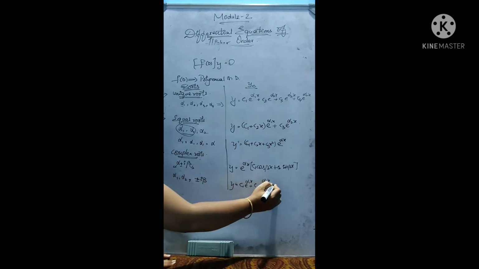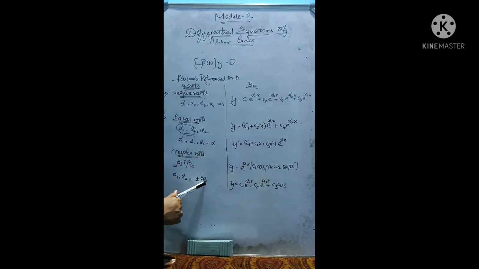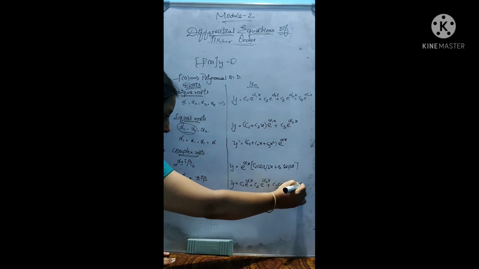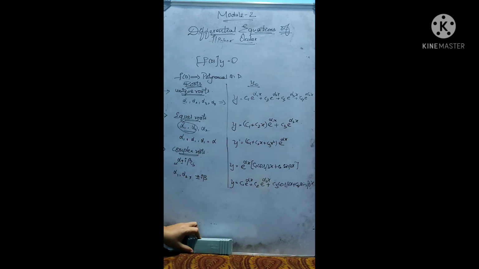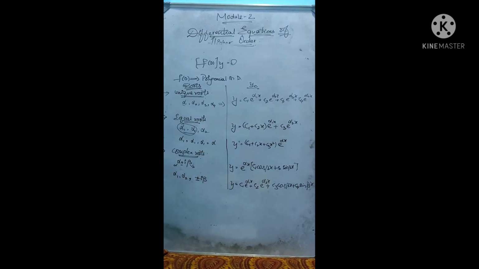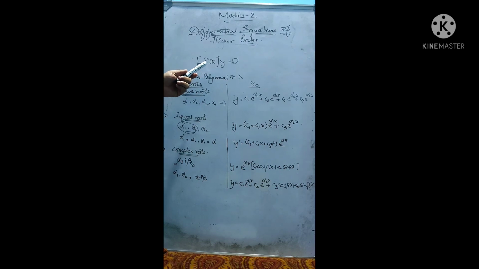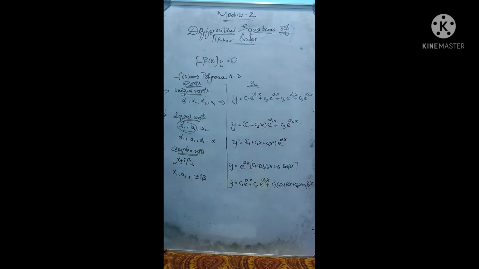So what is the next number here? c3 cos, consider the imaginary part here, beta x, plus c4 sin beta x. This is the way where you can write the combination of roots. This is how you get the complementary function, otherwise the solution of a homogeneous linear differential equation.